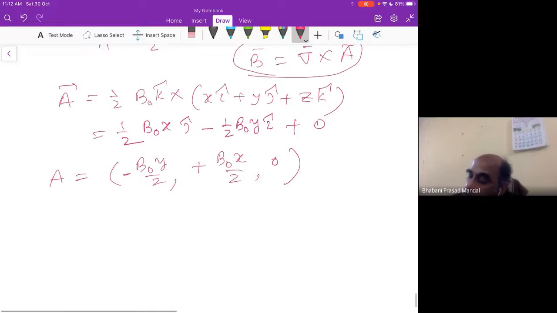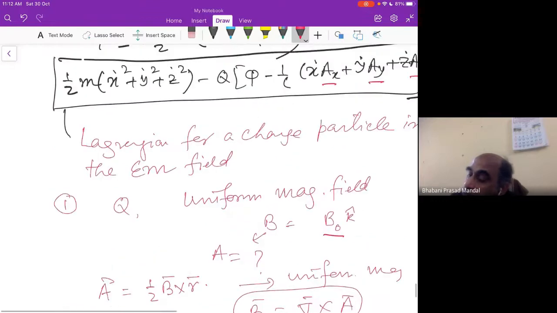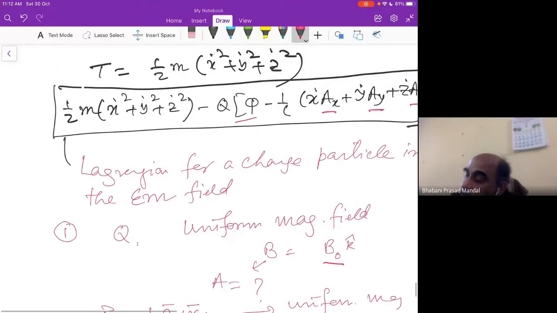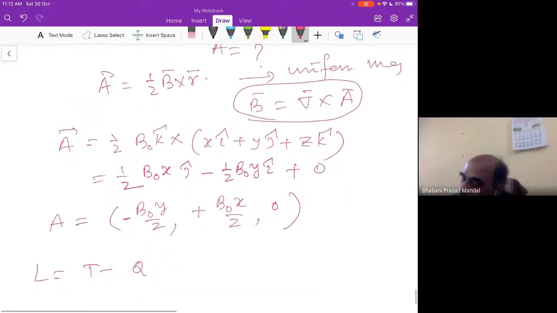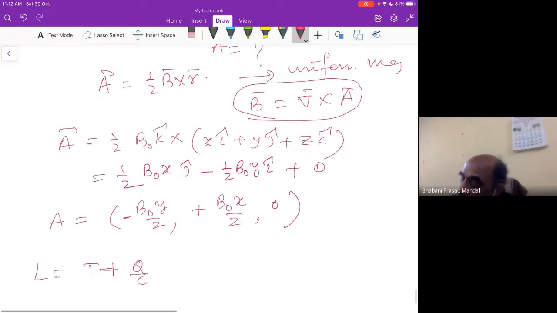So what will be my Lagrangian for a charged particle in this magnetic field? L should be T minus q phi. Phi will not be there, since there is no electric field, so no phi. Then it will be T plus q by c, with x dot Ax, so minus B0 y by 2 plus y dot B0 x by 2.